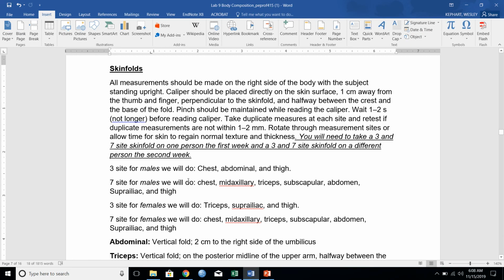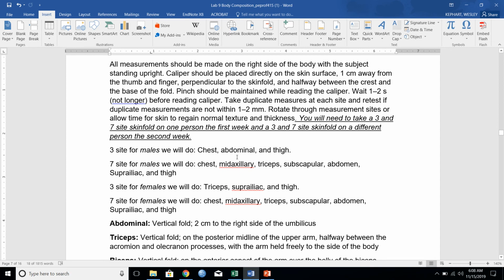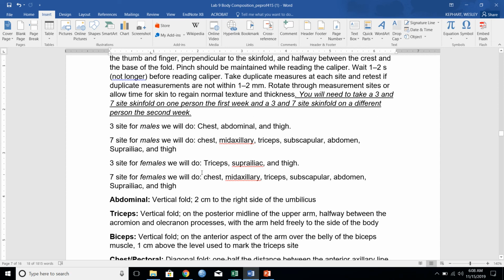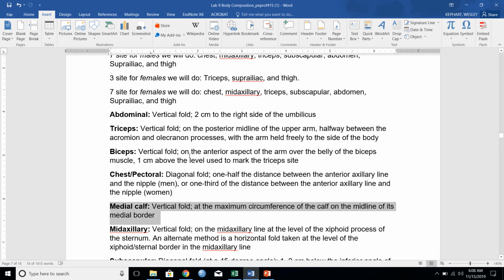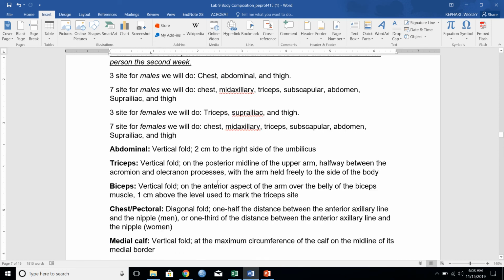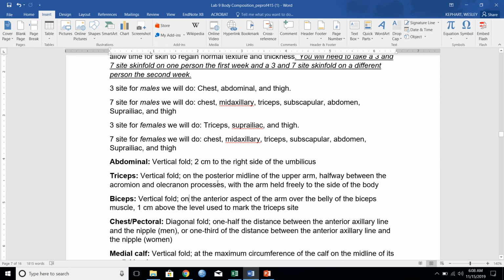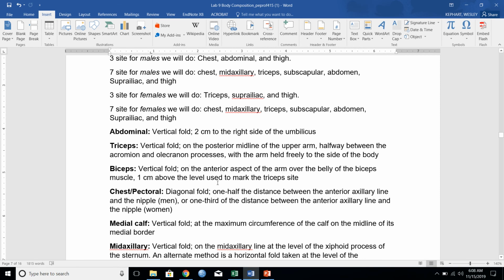There's a 3 and 7 site, so pick the correct areas for males or females, whoever you're doing. Pay attention to where exactly all of these are supposed to be. It's really important that whenever you're taking the skin fold, you pinch a lot harder than you think you're supposed to.